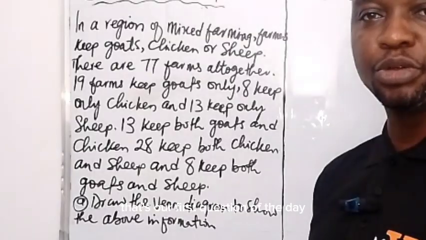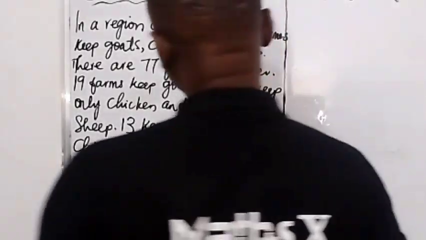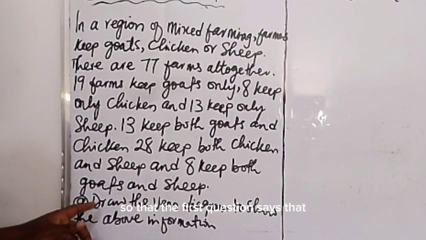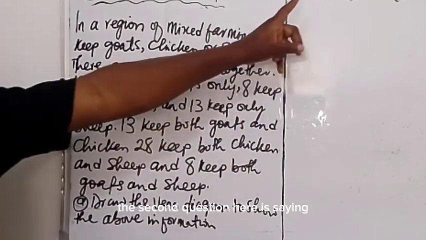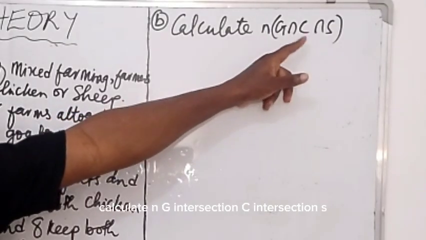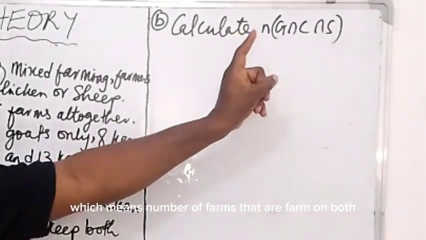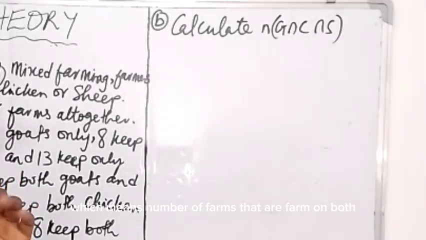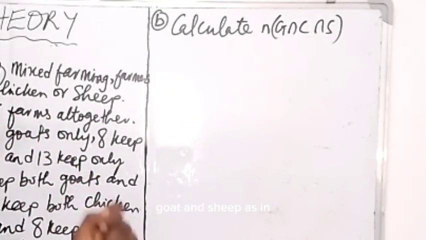That's our first question of the day, and we're going to work on this part of the board. So the first question says, draw the Venn diagram to show the above information. The second question is saying, calculate n of G intersection C intersection S, which means the number of farms that keep all of chicken, goats, and sheep.